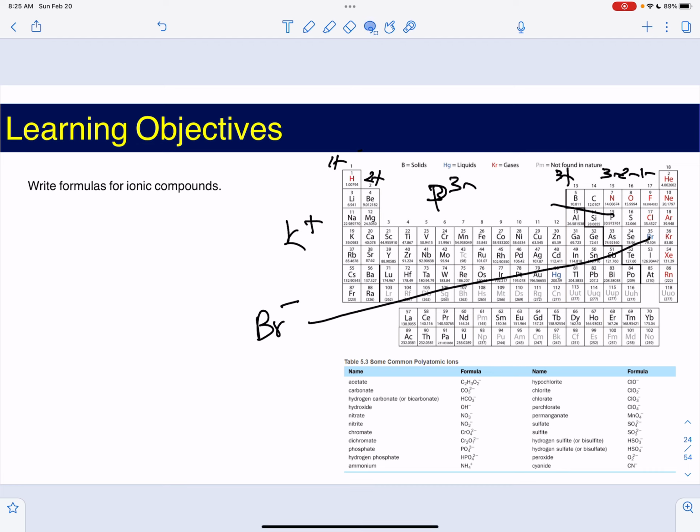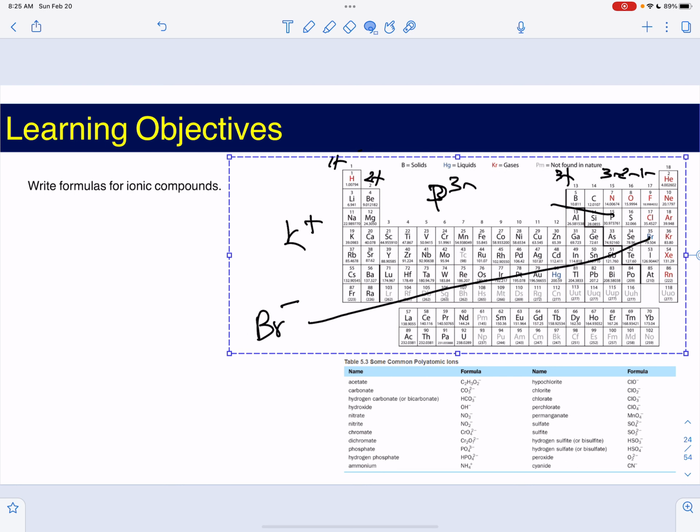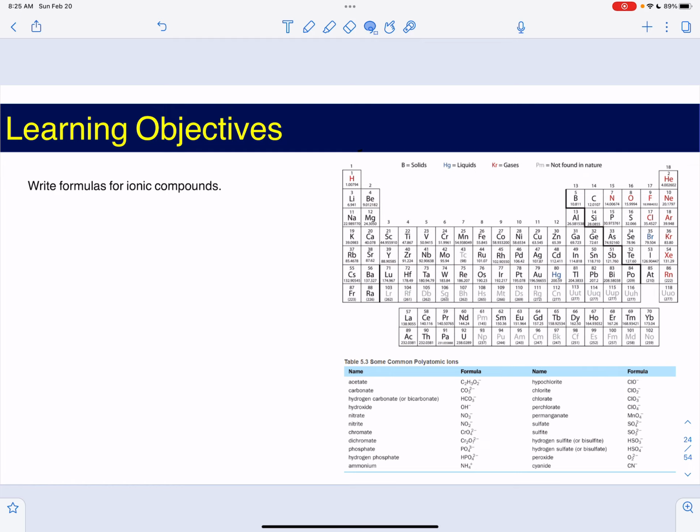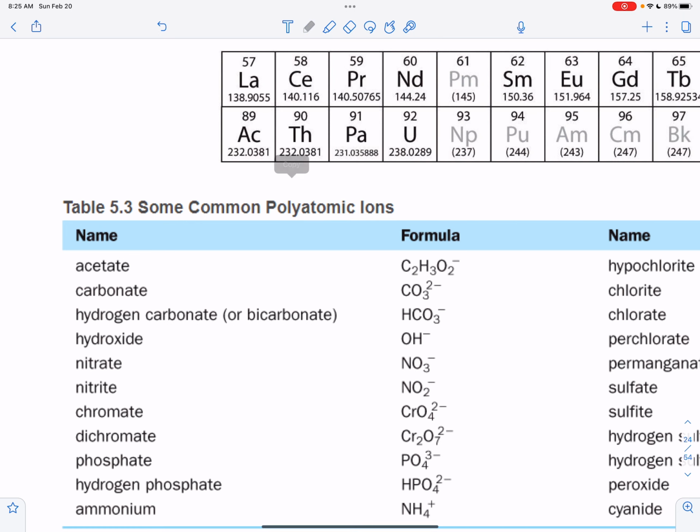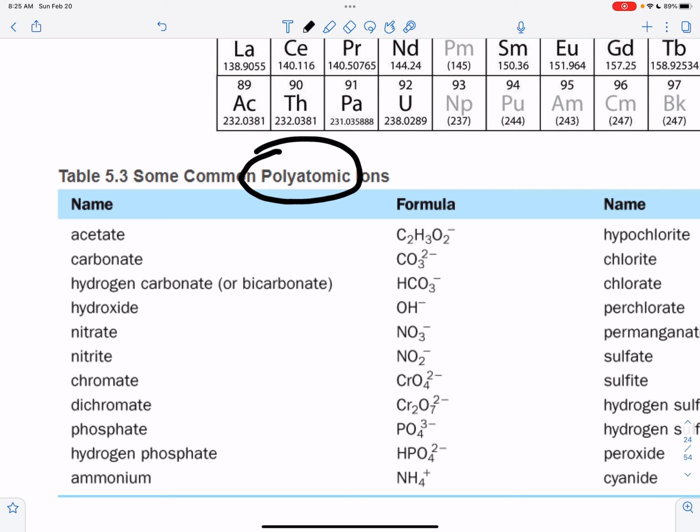But in addition to that, nature has some unique groups of elements that are always together and they have a given charge. And we're going to call those the polyatomic ions. So the polyatomic ions are groups that are always together and they have a given charge.